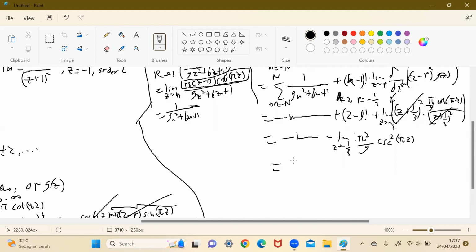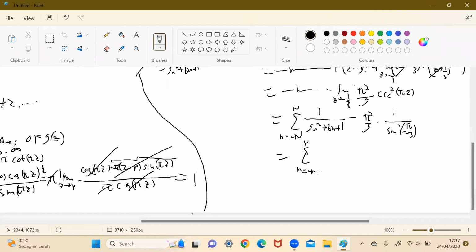So this time we're going to write it out in full. Minus pi squared over 9 times the cosec squared of pi over negative 3, which is going to be 1 over sine of minus pi over 3 squared.